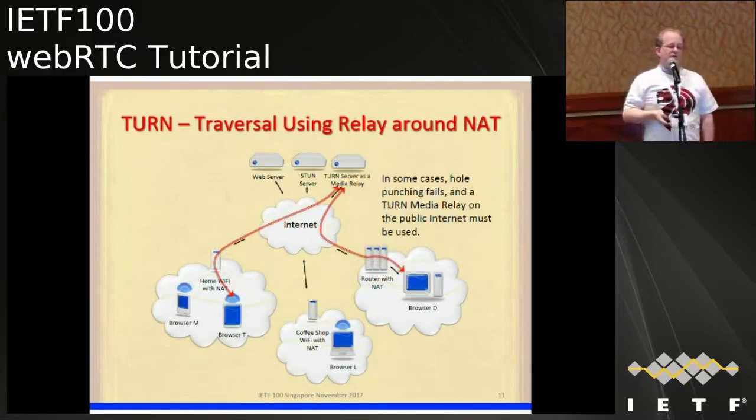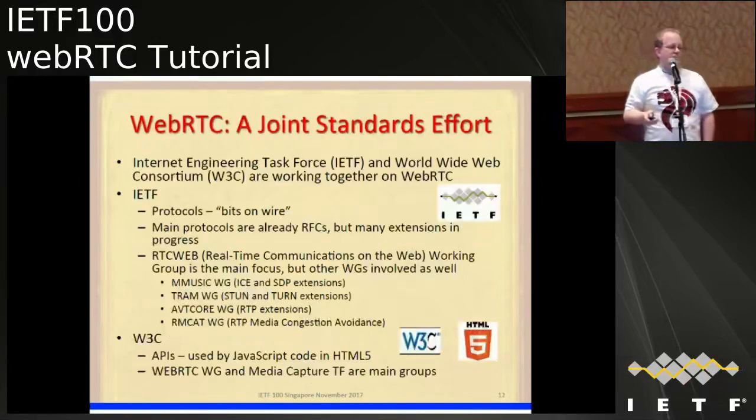The NATs and firewalls are just too restrictive for that to work. So the thing that's important here is that WebRTC includes support for this, okay? It includes support for ICE, which knows how to use STUN and TURN to find the optimal path if one exists.